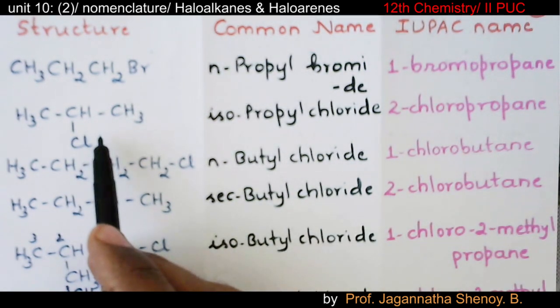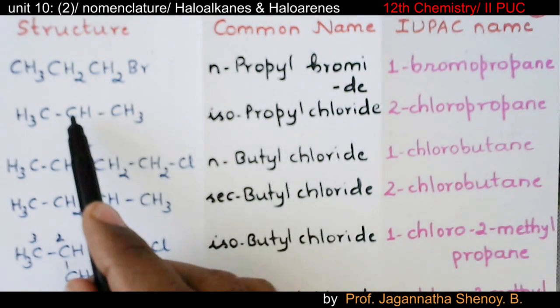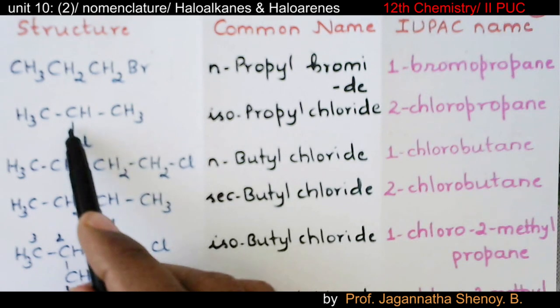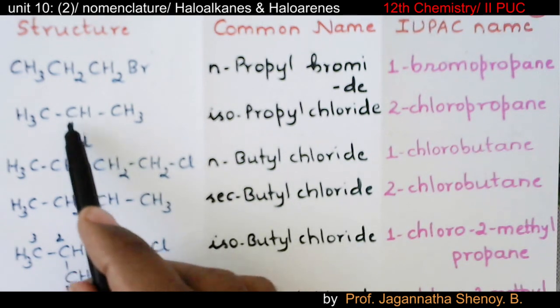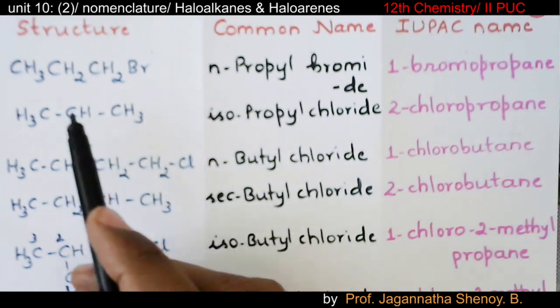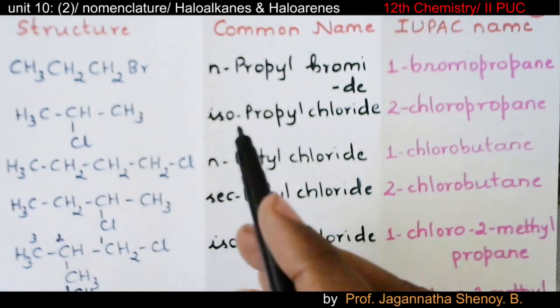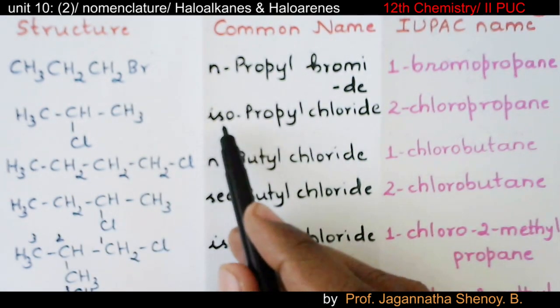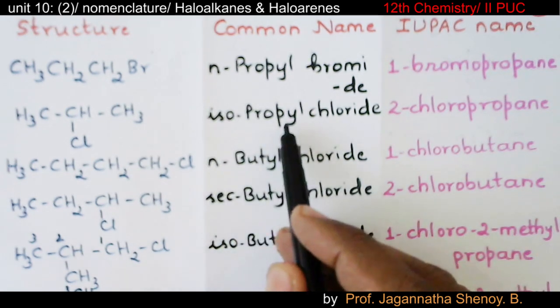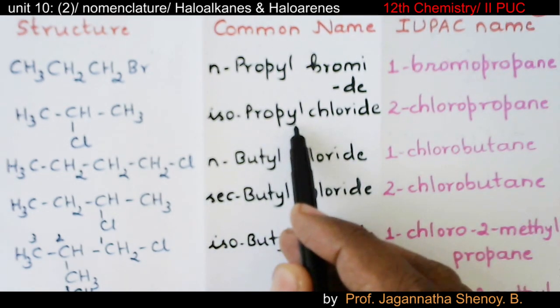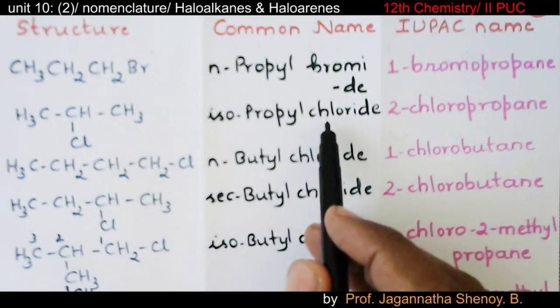I'll move over to the second example. In this example, you can observe that there is a branching on the second carbon atom. Altogether, there are 3 carbon atoms. That's why the common name of this compound is isopropyl, the name of the alkyl group, and you have chloride.